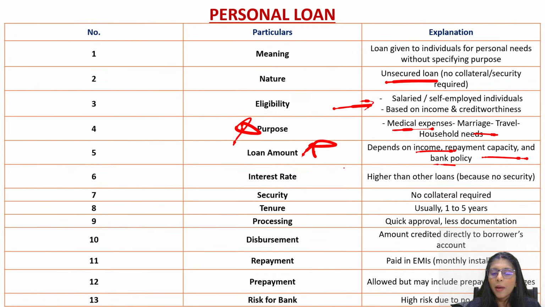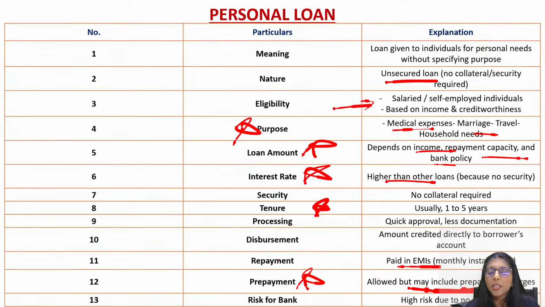Interest rate is higher than other loans, as it is unsecured and they are not mentioning the reason for taking the loan. Security: no collateral security. Tenure is usually 1 to 5 years. Prepayment is allowed but may include prepayment charges. Repayment is made in EMI, that is equated monthly installment. Okay.